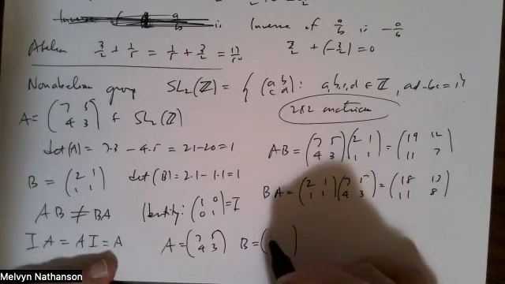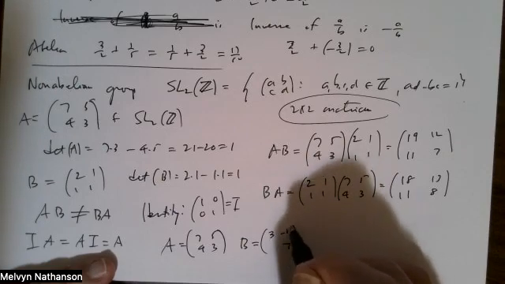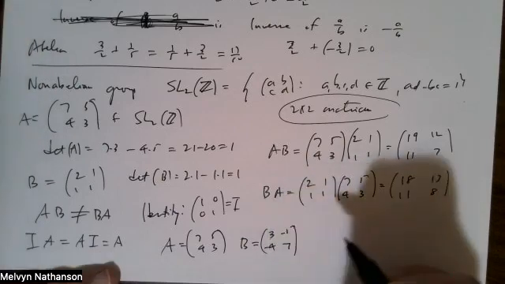I think we'll try 3, minus 5, minus 4, 7.